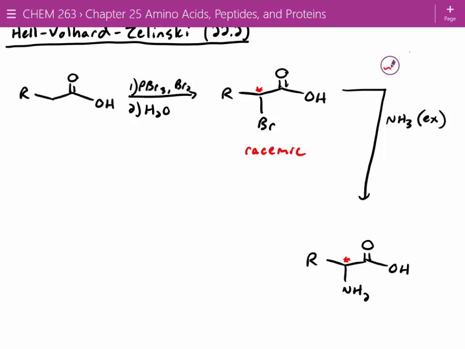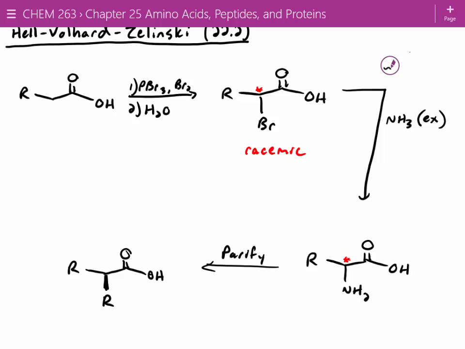We still have a racemic mixture. The last step we want to do, so we don't accidentally kill people, is purify it. This is something the book kind of glosses over. And once you purify it, you can get one enantiomer out, and you would probably just discard the other enantiomer.